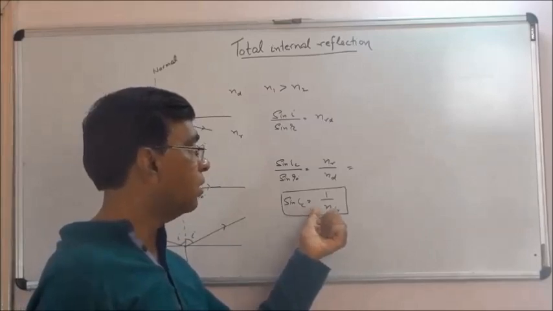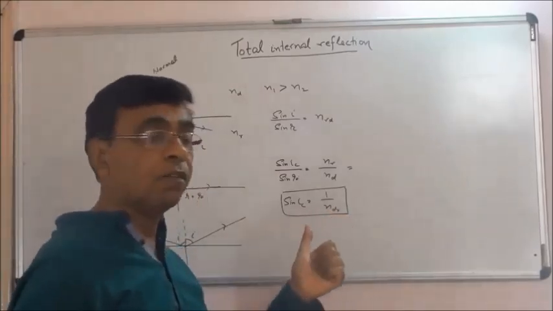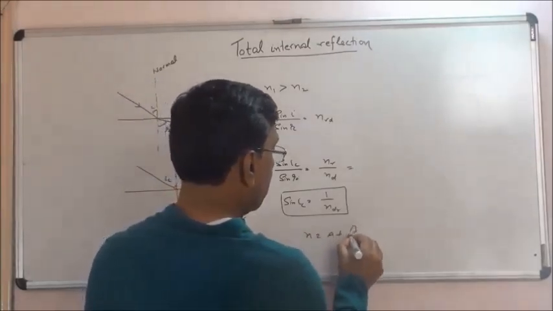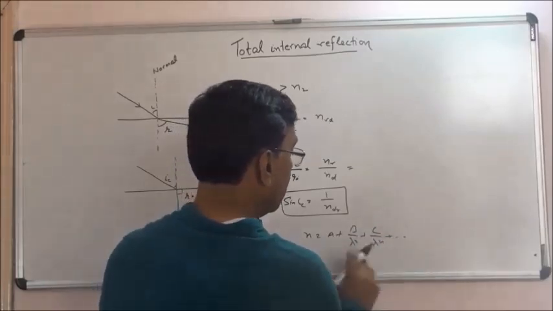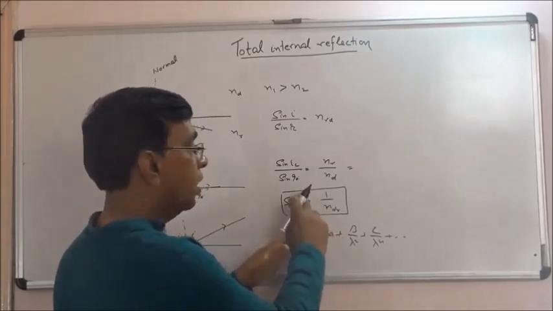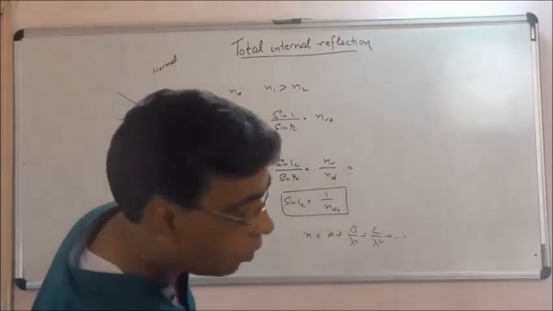It will be maximum for the minimum value of refractive index, and the refractive index is A plus B by lambda square plus C by lambda 4. Red has the minimum refractive index, so the critical angle will be maximum for red, minimum for violet.